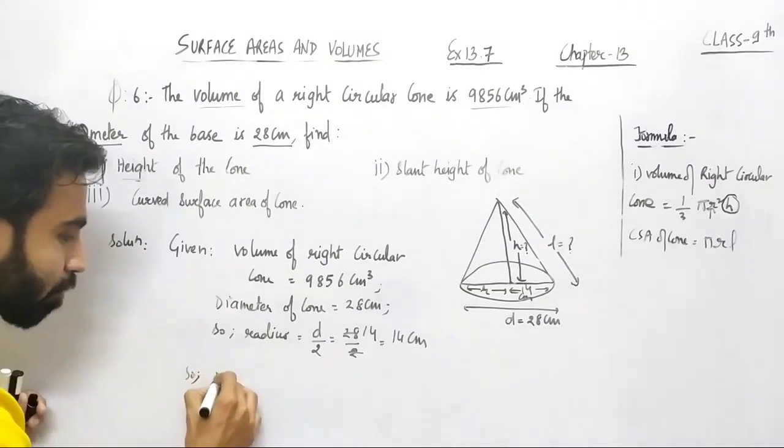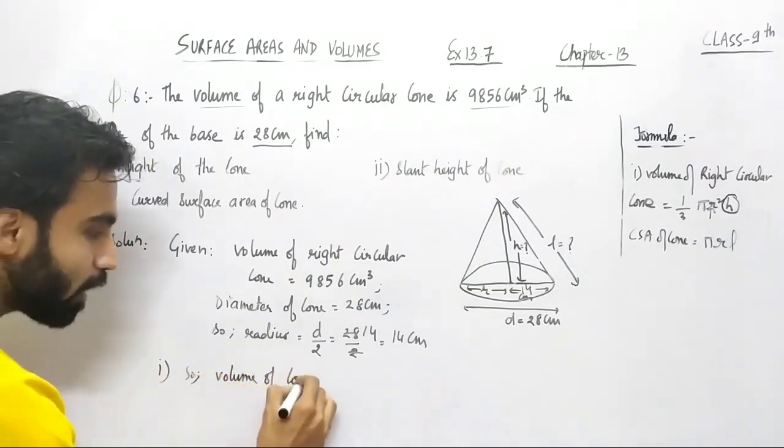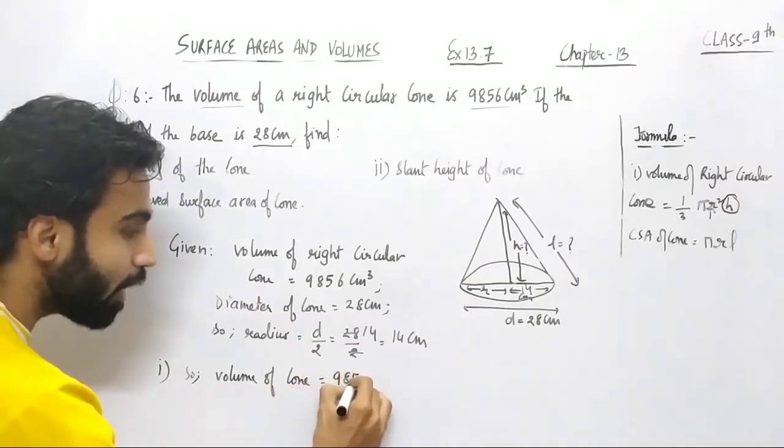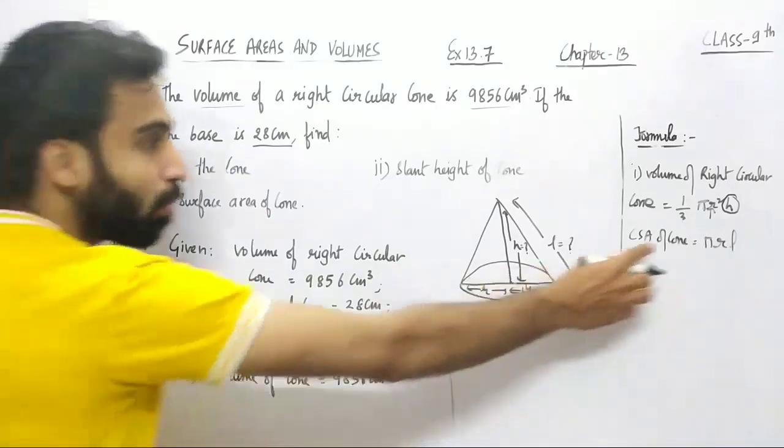So you can say the volume of the cone, you can see that is already given as 9856 centimeter cube, right? So अगर मैं वॉल्यूम की बात करता हूं, तो वॉल्यूम का फॉर्मूला क्या है?